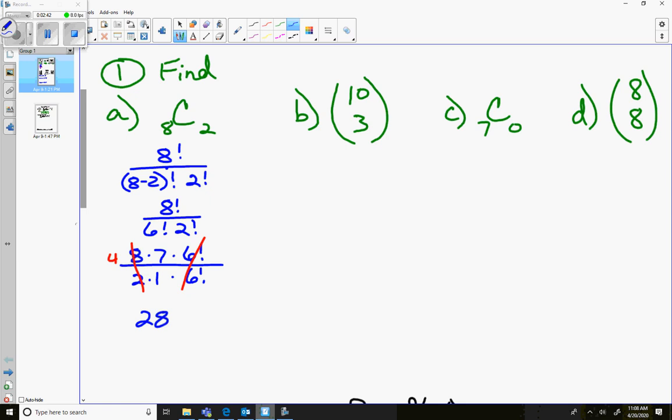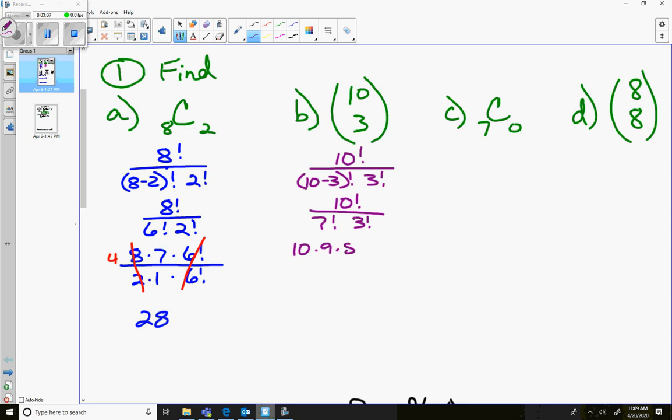Next one. 10 choose 3. So 10 factorial over 10 minus 3 factorial, 3 factorial. That's 10 factorial over 7 factorial, 3 factorial.